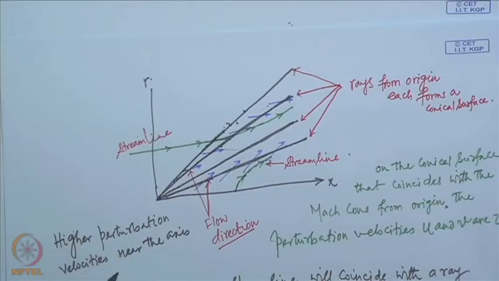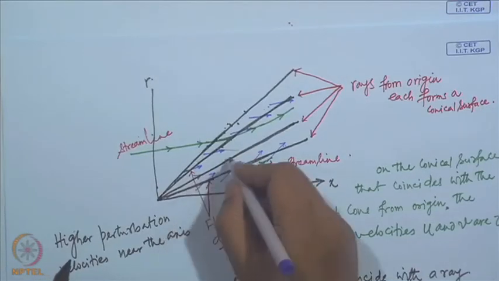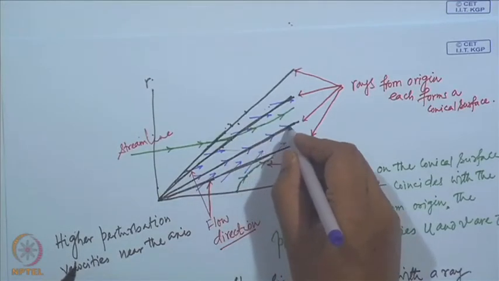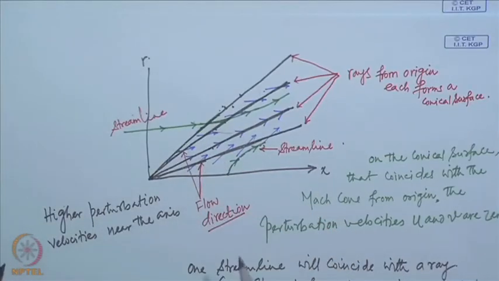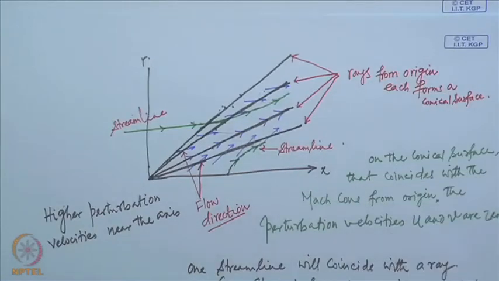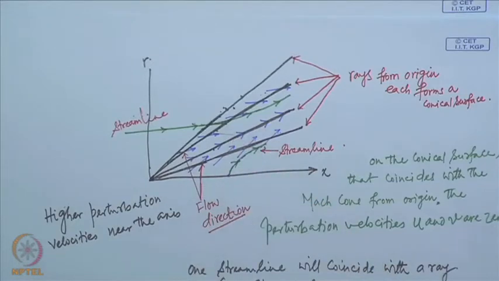And say we assume that this is that particular ray, on which the flow is along the ray, or that this itself is the stream surface, and consequently the cone that this ray makes is a stream surface, and we can replace this by a solid cone.